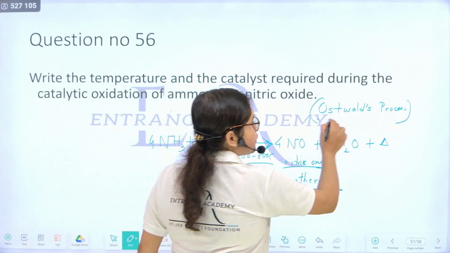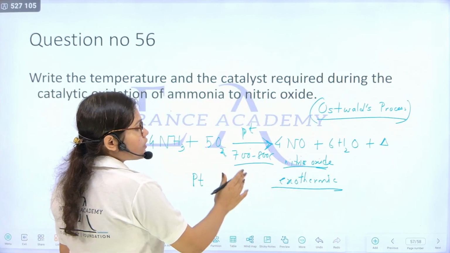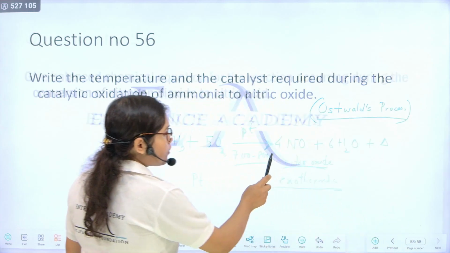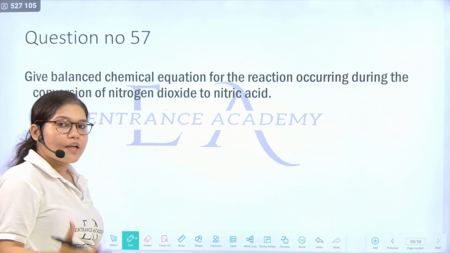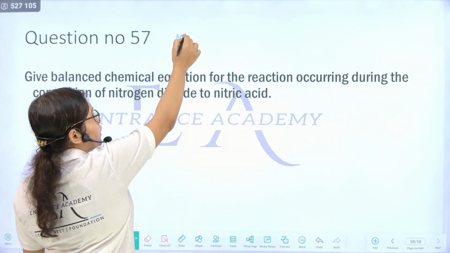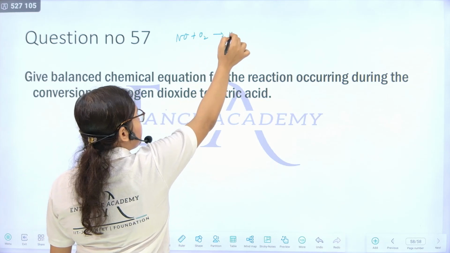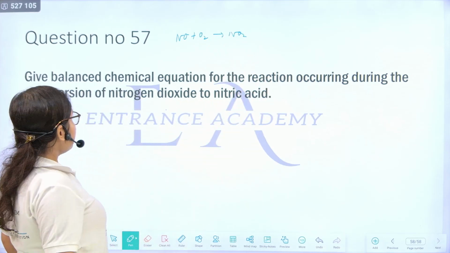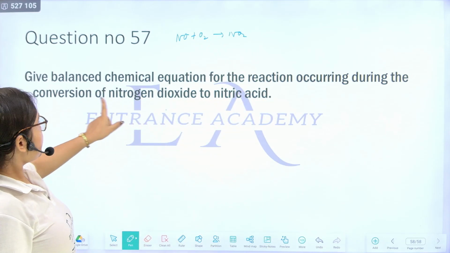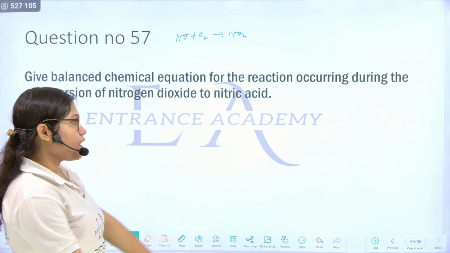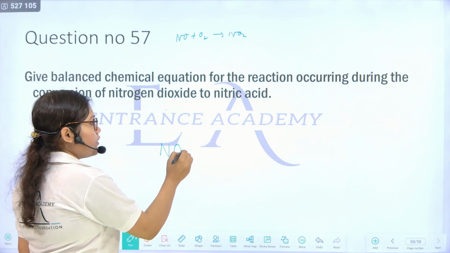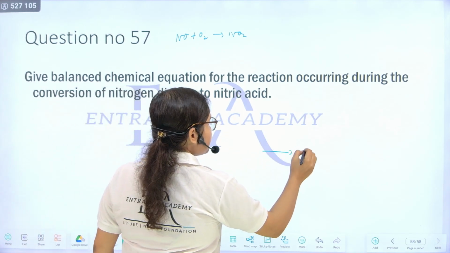The first step is ammonia to nitric oxide. After this we have nitric oxide to nitrogen dioxide. This is step 2. Lastly, the balanced chemical equation for the conversion of nitrogen dioxide to nitric acid.